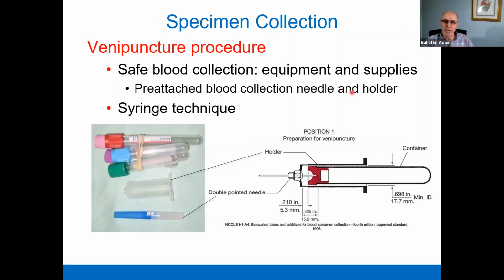As we watched in the videos, here you see in these diagrams the container or test tubes, and you have the needle, and this black part is the holder, a double-pointed needle holder, and test tubes or containers or vacutainers or evacuated test tubes. There are different names.